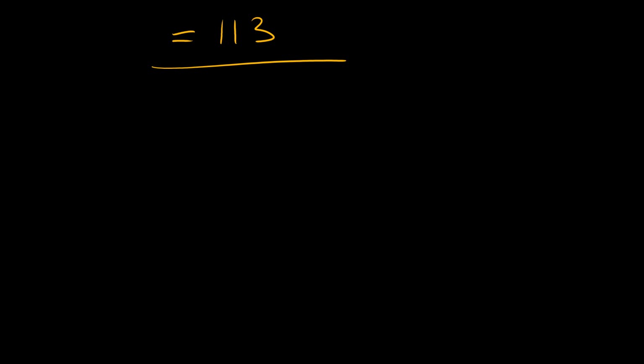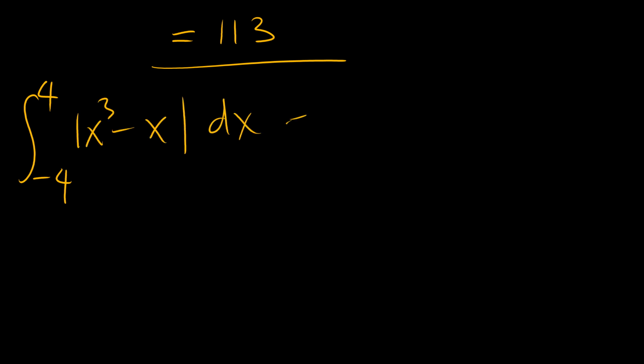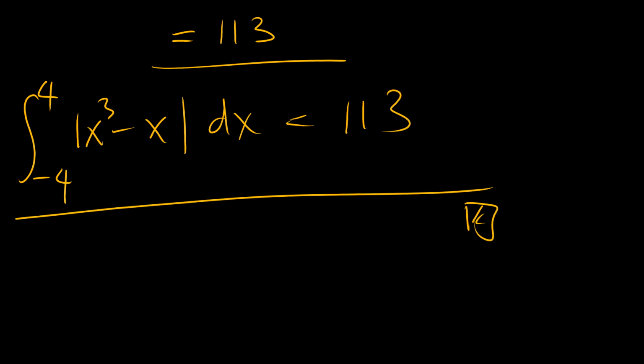In other words, the integral from -4 to +4 of the absolute value of x cubed minus x is equal to 113. And that's the answer.